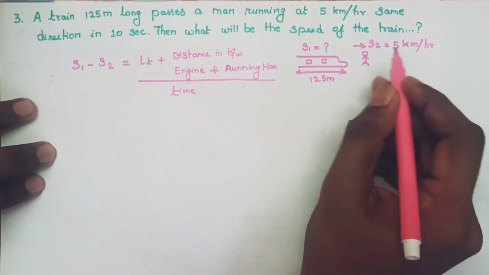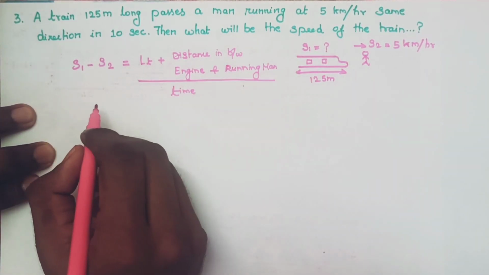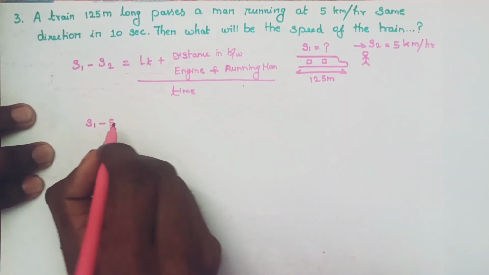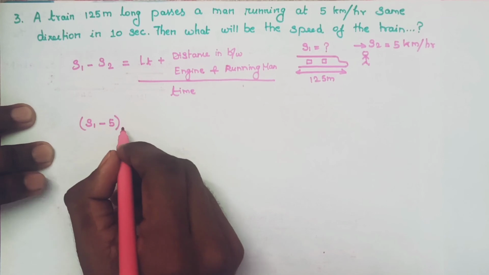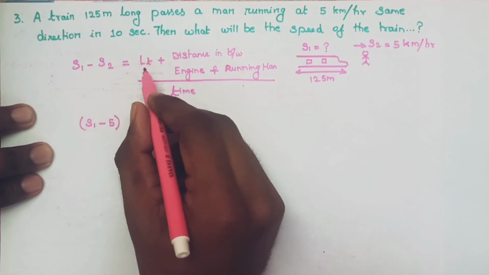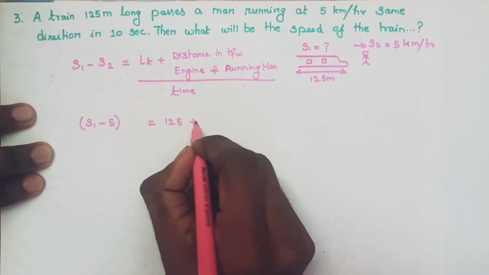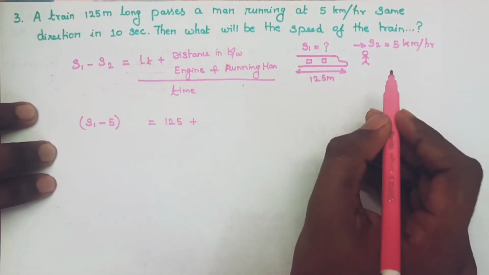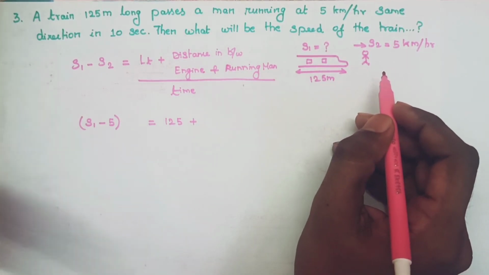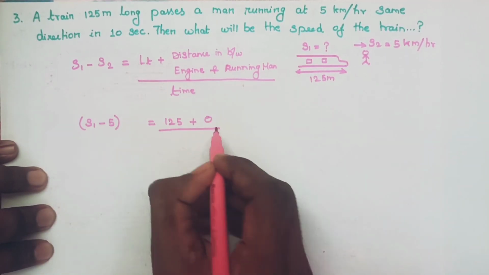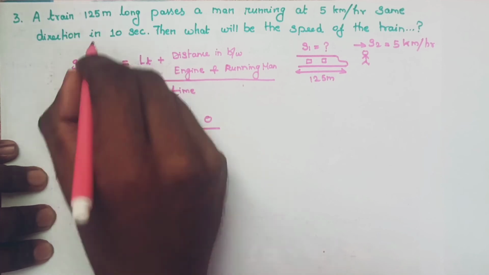And just apply all these values into this formula. S1 we don't know, minus S2 is 5 km per hour. It's in kilometer per hour. Just keep in mind, length of the train is 125 meter plus distance between engine and running man. So they have not given any value, so just consider it as 0. Divided by time. Time is 10 seconds, right?